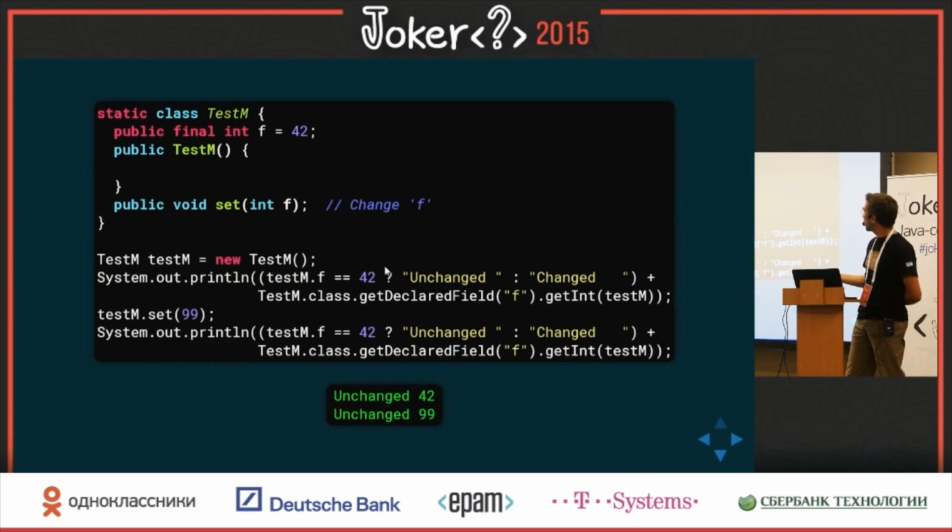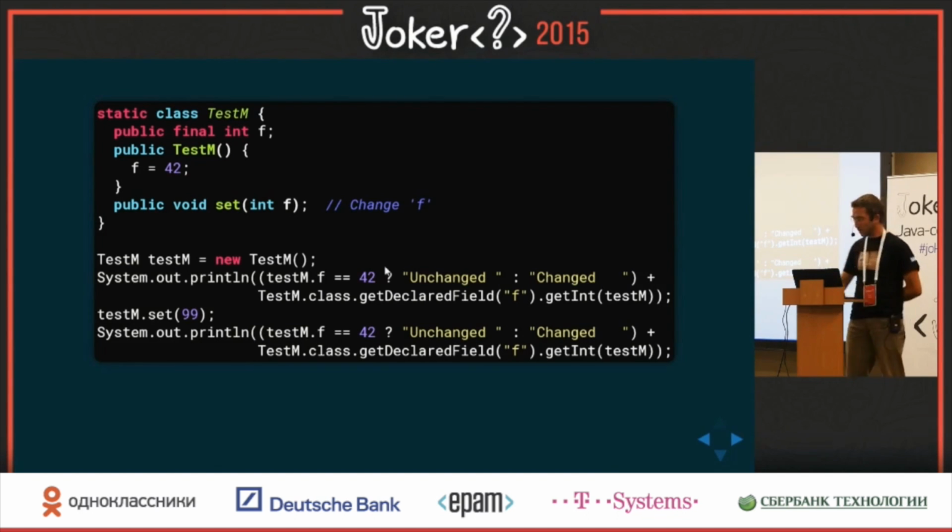We only do not initialize f here in the declaration, but in the constructor. So in this example, javac won't treat f as a constant, and we will get the expected behavior here, changed and unchanged.